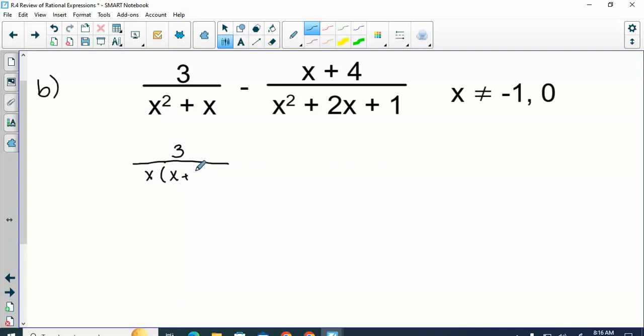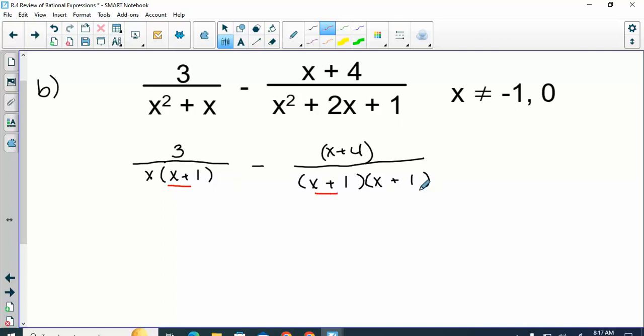We have x plus 1 remaining. This one, multiply to 1 and add to 2. Alright. So for the common denominator, this one has a plain x and 1 x plus 1.